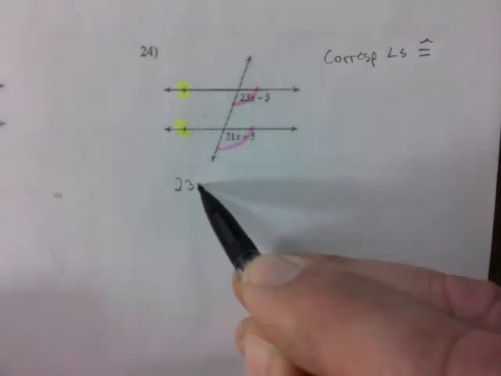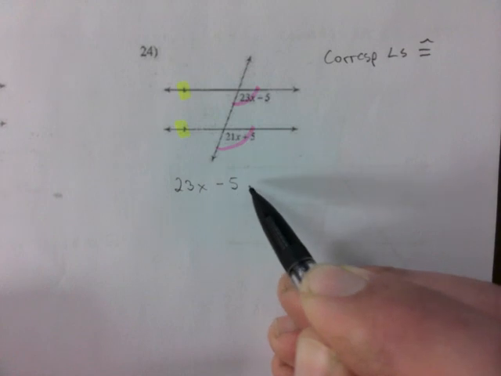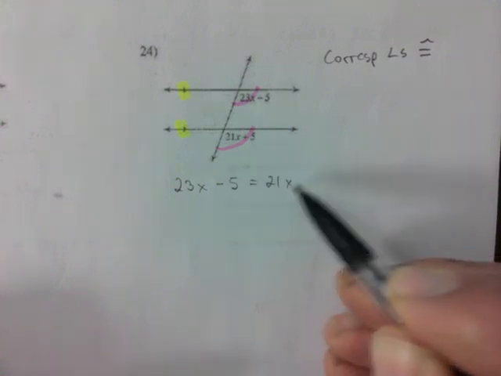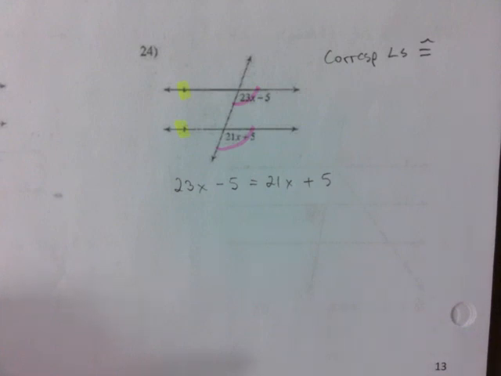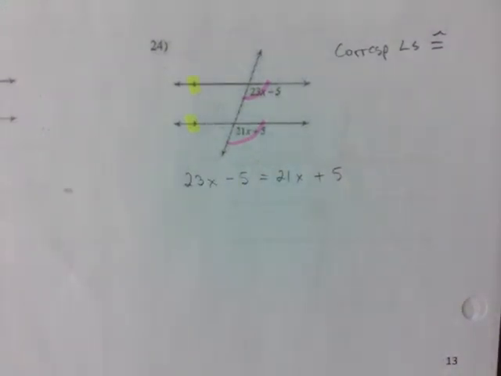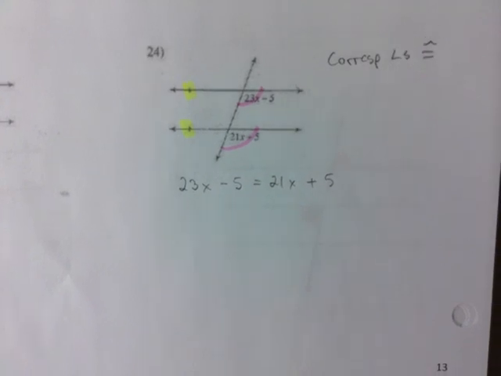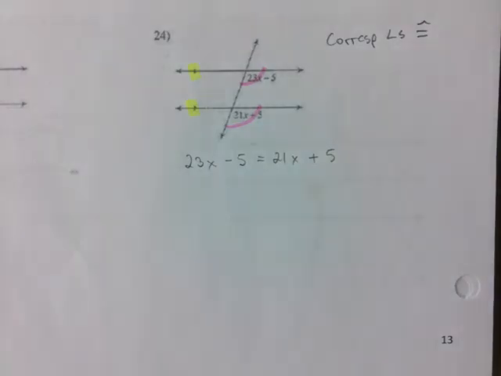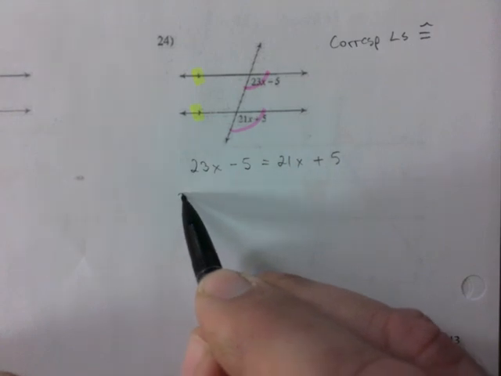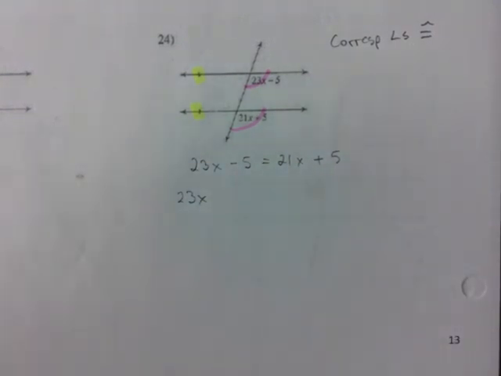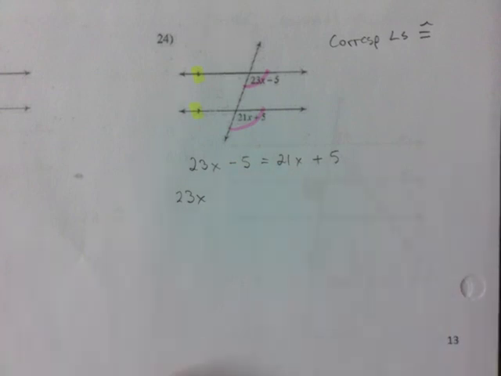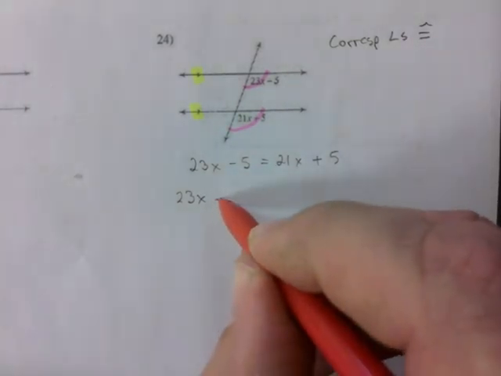So let's go: 23x minus 5 is equal to 21x plus 5. Whoa, there are too many x's, right? So what I do is bring all the variables over to one side and all the constants, the numbers, over to the other side. So I'll say 23x, and the 21x is on the right hand side, so when it comes over, it will go subtracting.